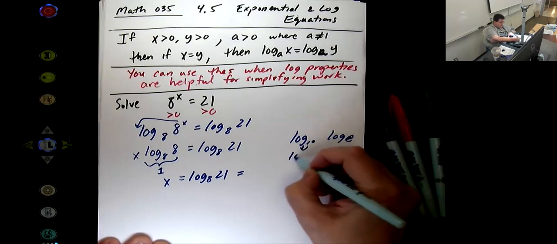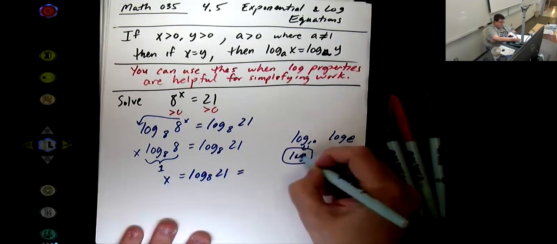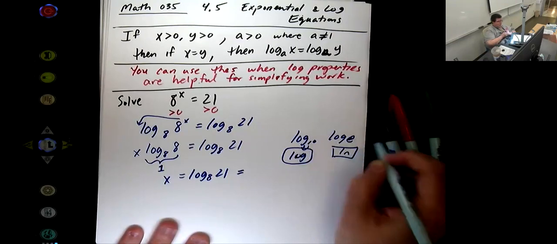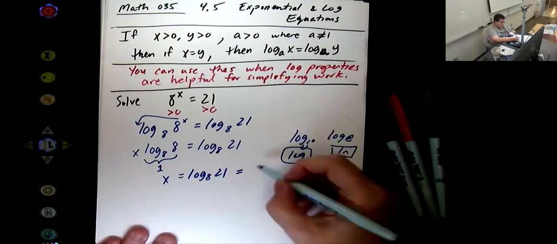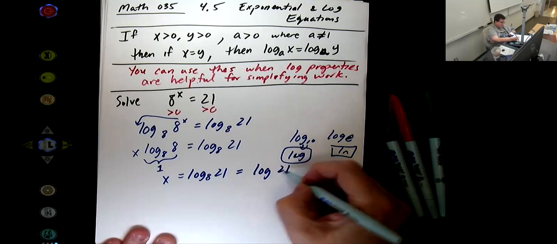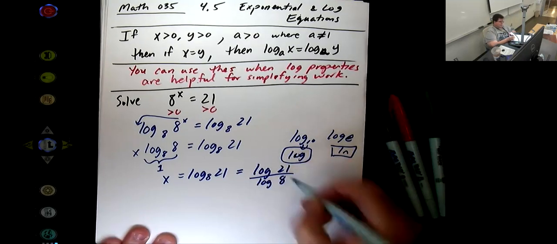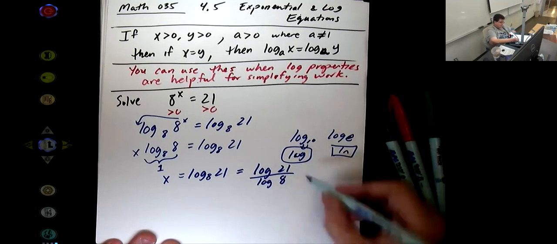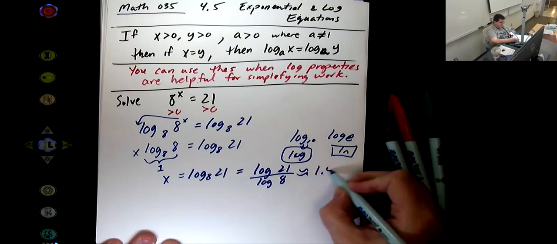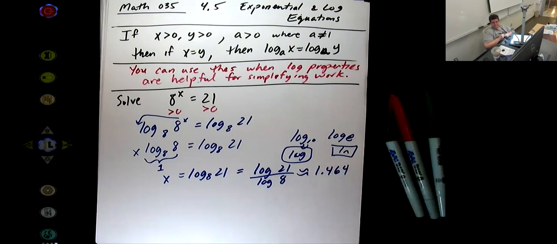This will just be the log button, and this is the ln button. But we'll do log 21 over log 8. And if you throw that in a calculator, you should get about 1.464.